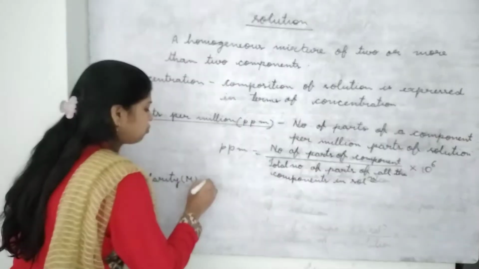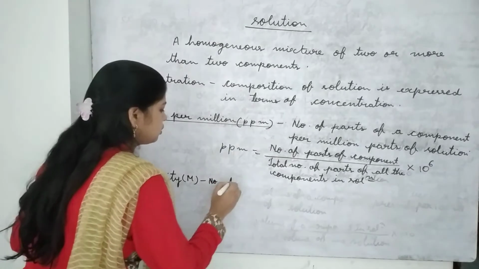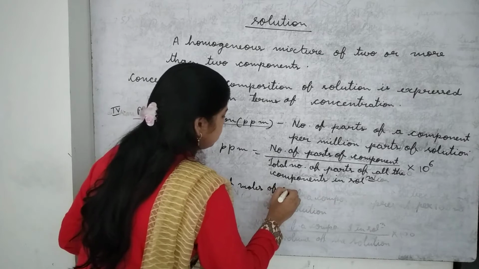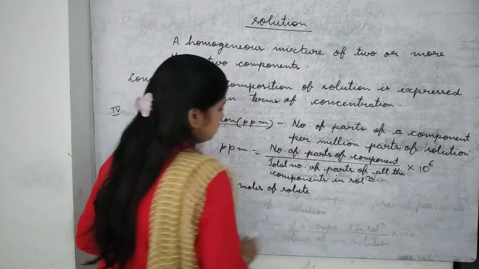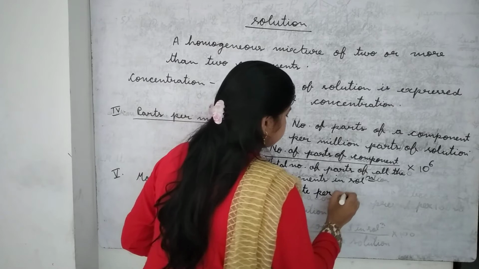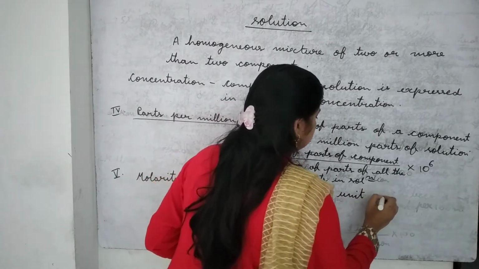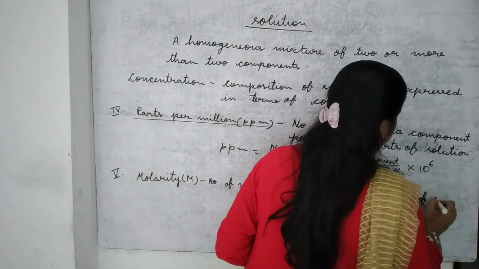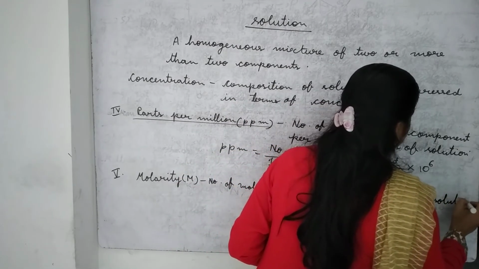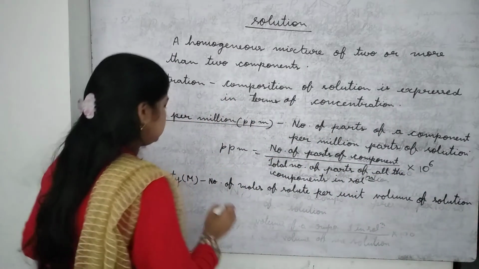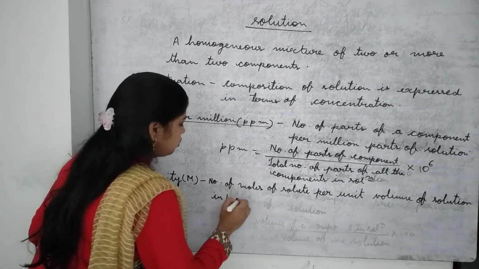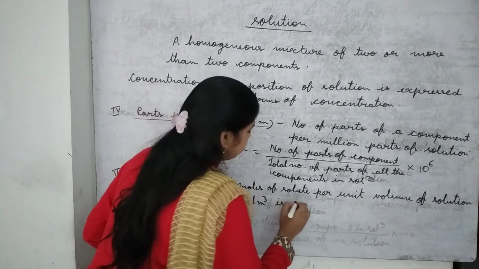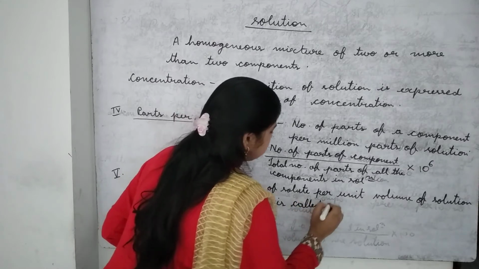So the number of moles of solute per unit volume of solution in liter or cubic decimeter is called molarity.